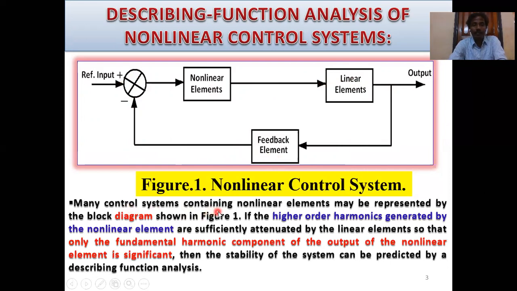Many control systems containing nonlinear elements may be represented by the block diagram shown in figure 1. This is the control system block diagram. If the higher order harmonics generated by the nonlinear element are sufficiently attenuated by the linear element, so that only the fundamental harmonic component of the output of the nonlinear element is significant, then the stability of the system can be predicted by describing function analysis.